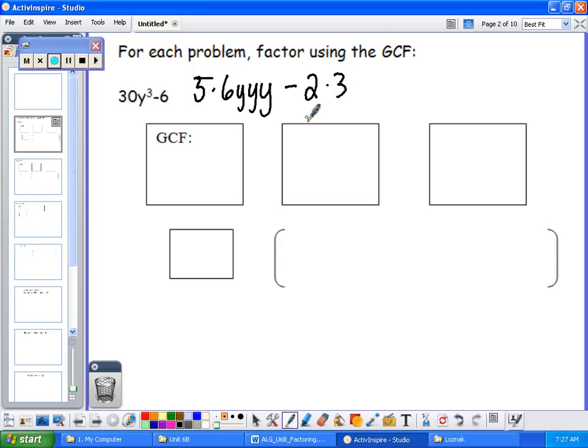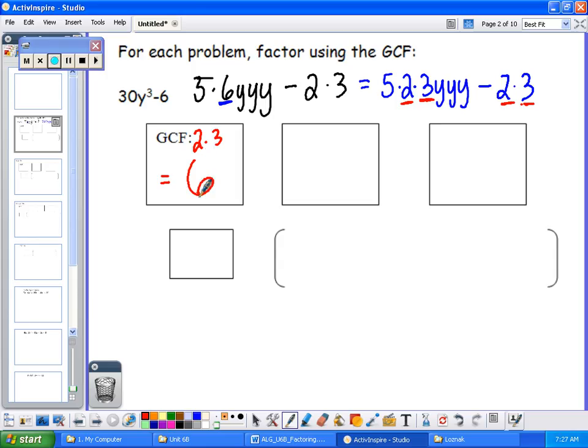Now, I realize if I go back and look, this 6 isn't in its lowest terms. So I'm going to say 5 times 2 times 3 and 3y's, and that is being subtracted from 2 times 3. And what do I see common in both of these? I see a 3 and a 2, a 3 and a 2. So my greatest common factor is 2 times 3, or rather just 6.